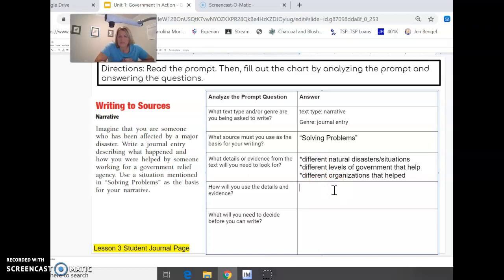Now, once you've found this information, how are you going to use these details and evidence? What are we going to do with that information in our writing?